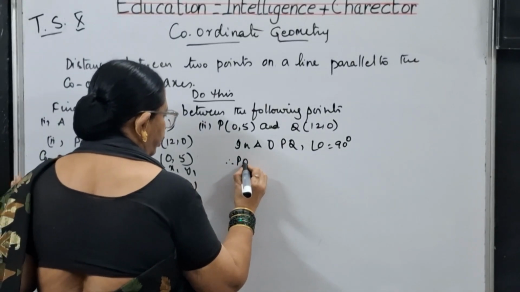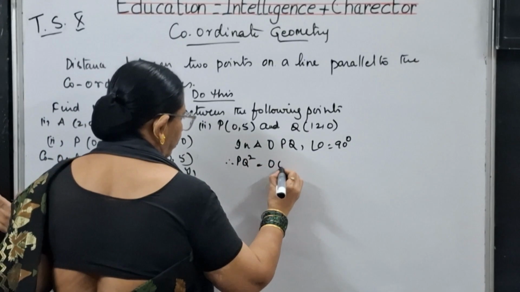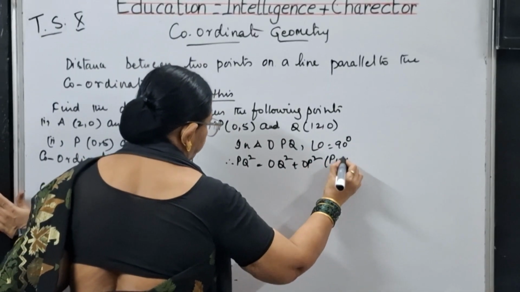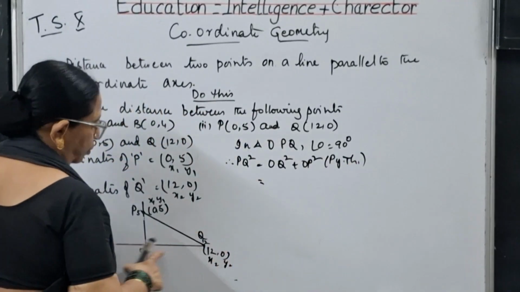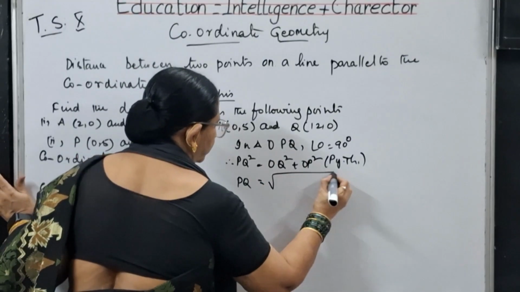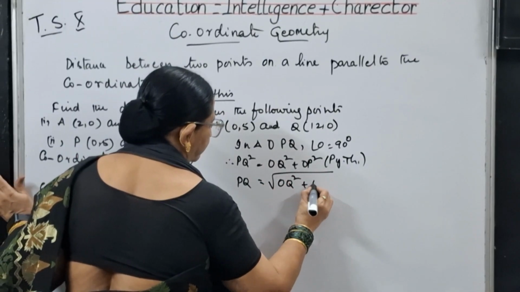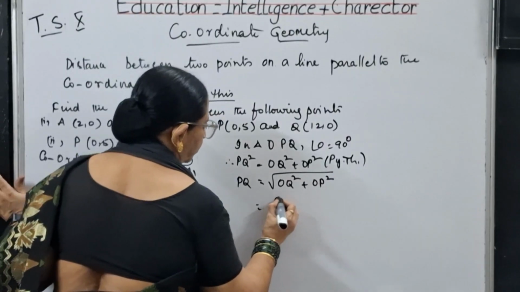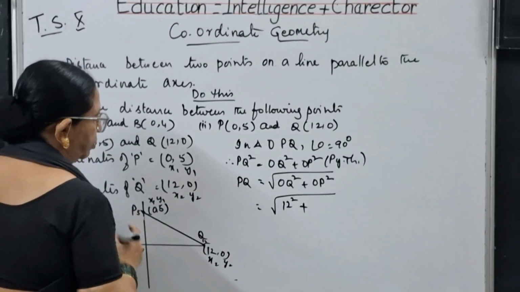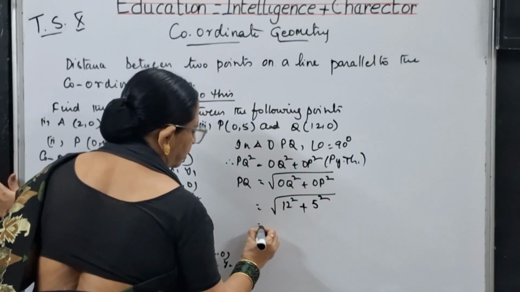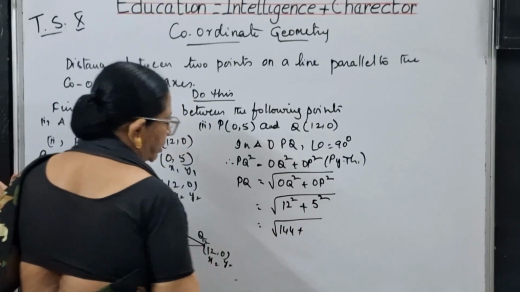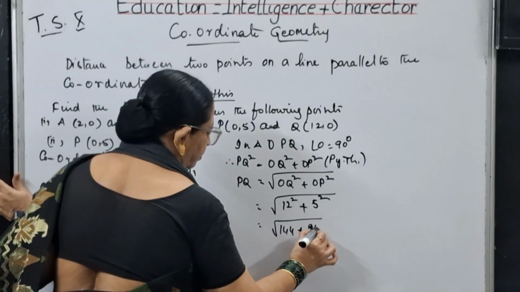Therefore, PQ square is equal to OQ square plus OP square, based on the Pythagorean theorem. OQ is 12. So PQ is equal to root of OQ square plus OP square, that is root of 12 square plus 5 square. That is root of 12 12s are 144 plus 5 5s are 25.